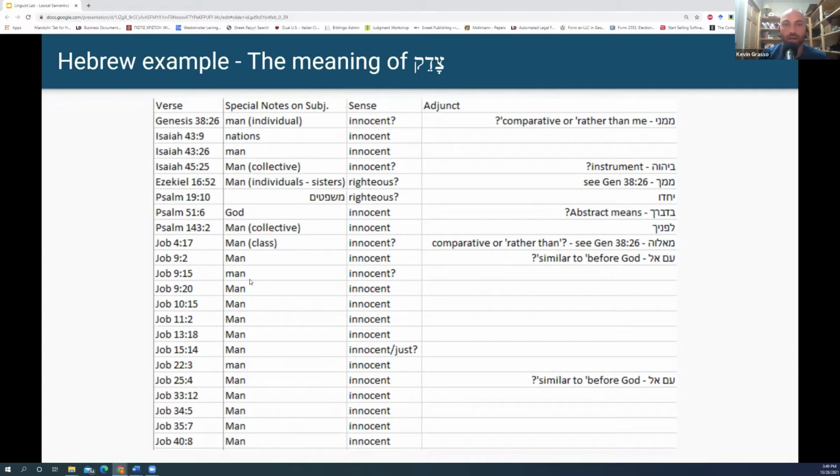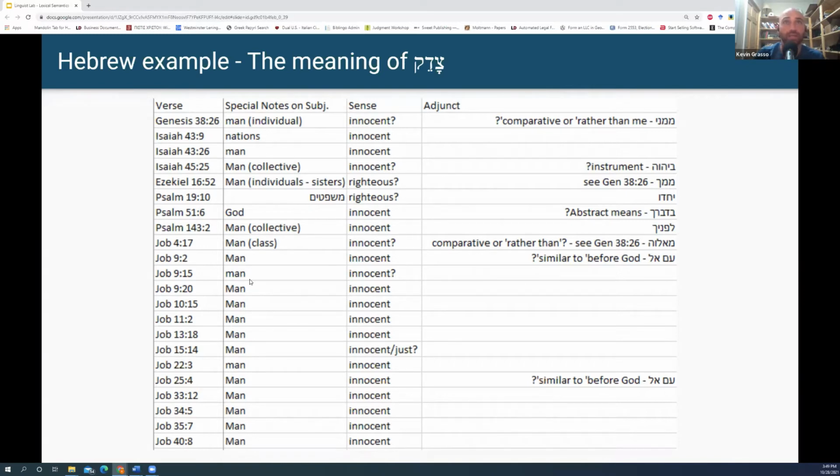Is there a genitive if it's a noun? What kinds of things is it modifying if it's an adjective? Is it used predicatively, like, Nick is righteous, or attributively, like the righteous Nick? So all kinds of things I would list out, and then I would try to interpret it.